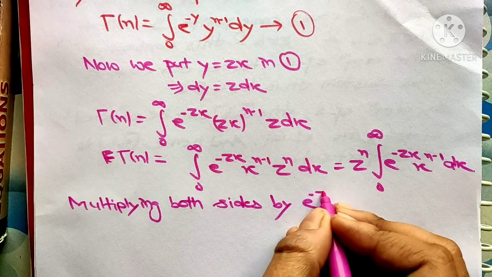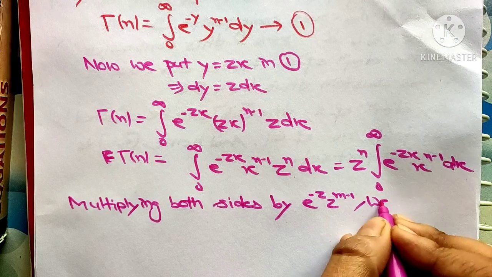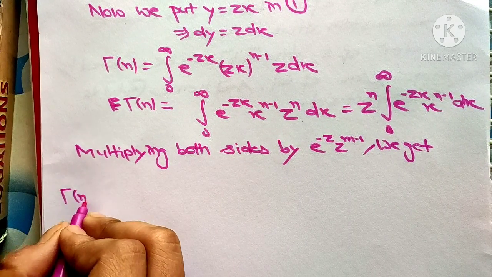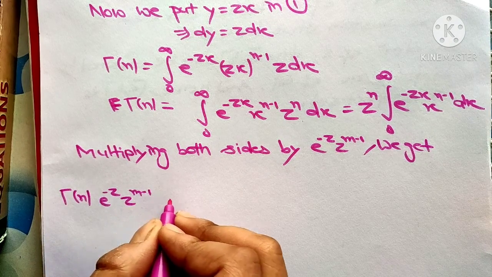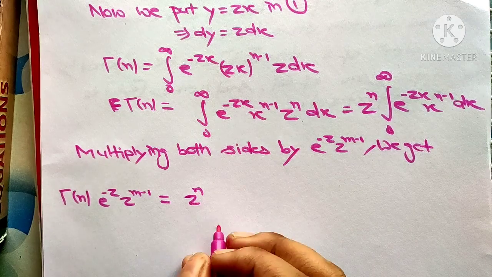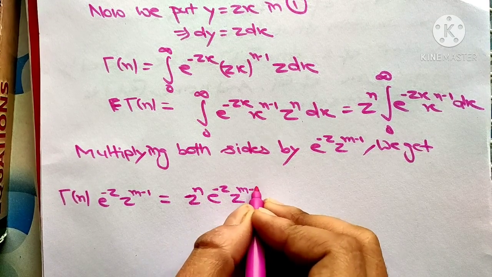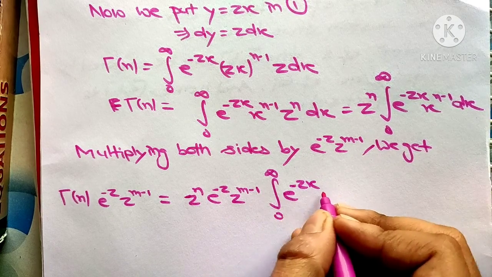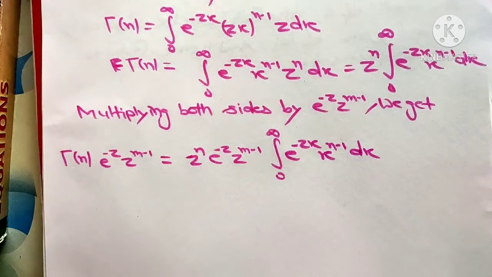Now multiplying both sides by e to the power minus z and z to the power m minus 1, let's see what we get. Gamma n multiplied by e to the power minus z, z to the power m minus 1 is equals to z to the power n, e to the power minus z, z to the power m minus 1, integral 0 to infinity e to the power minus zx, x to the power n minus 1 dx.